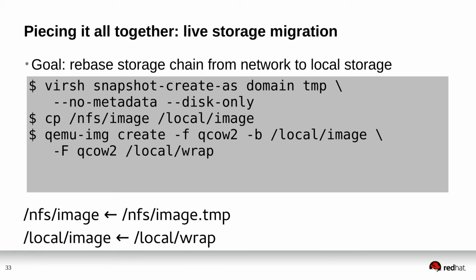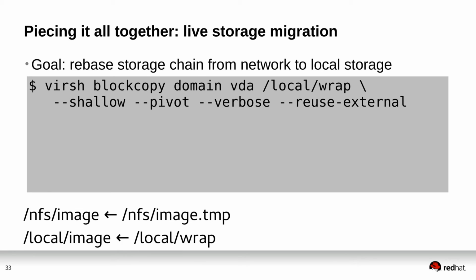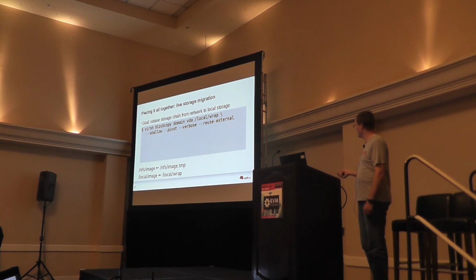Now we're going to use qemu-img to create an empty wrapper around our file. Undefine our domain because Libvirt doesn't have persistent bitmaps yet. Do the block copy, shallow block copy. So that says take the data that's in our live wrapper and copy it to our destination wrapper.